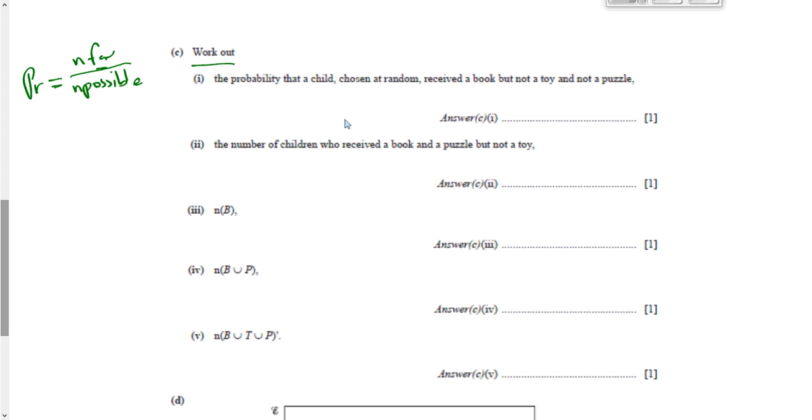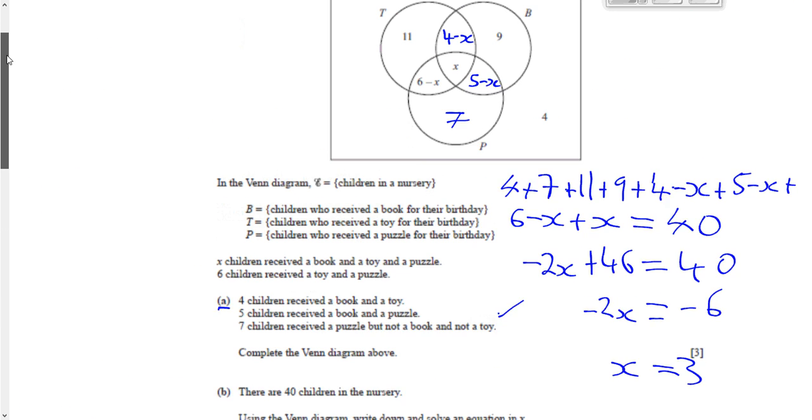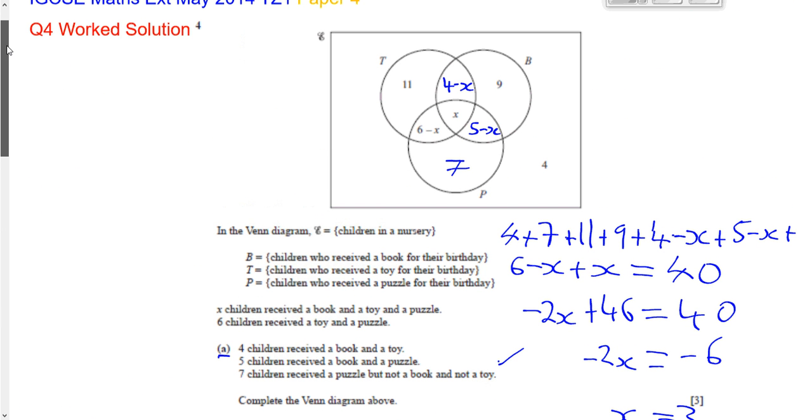So what's the probability that a child chosen at random received a book but not a toy and not a puzzle? We're looking for the children who just received a book.